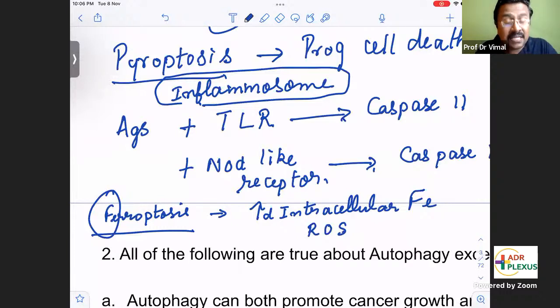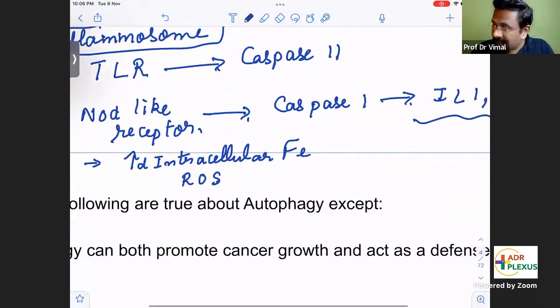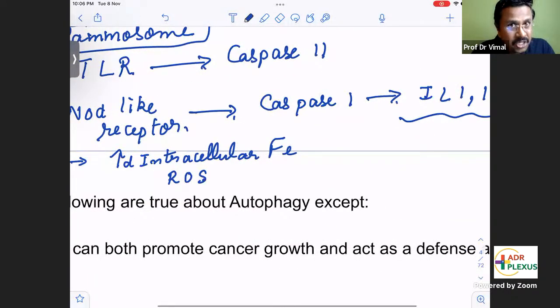Ferroptosis can be inhibited by decreasing the intracellular iron levels or increasing the antioxidants. It occurs because of increased intracellular iron as well as increased reactive oxygen species, and can be reduced by decreasing intracellular iron and increasing antioxidants.